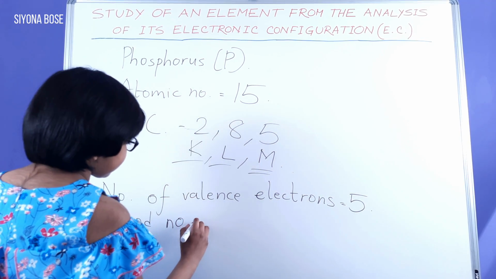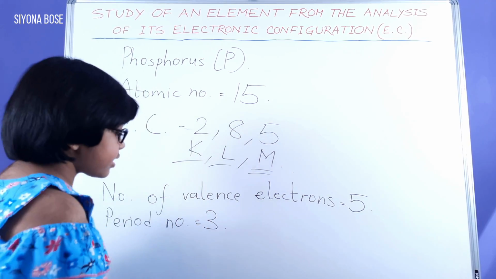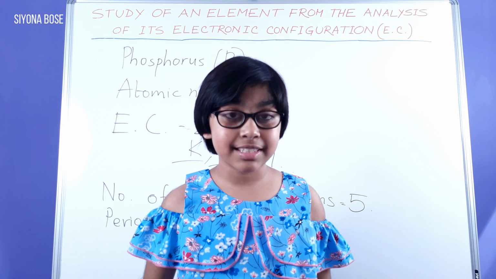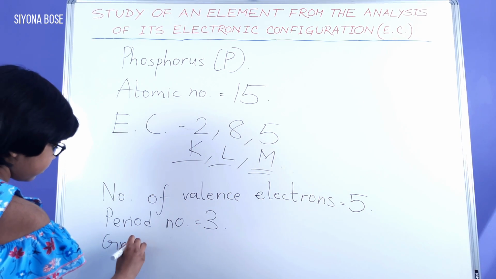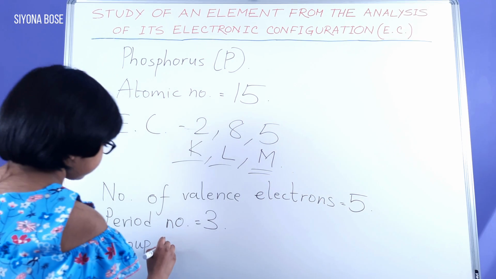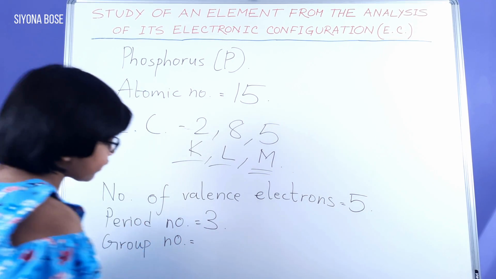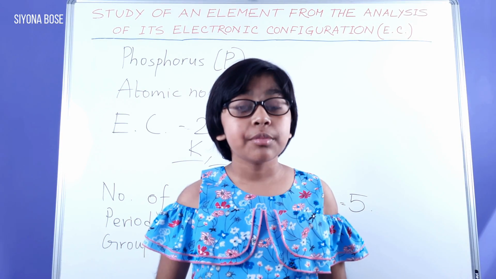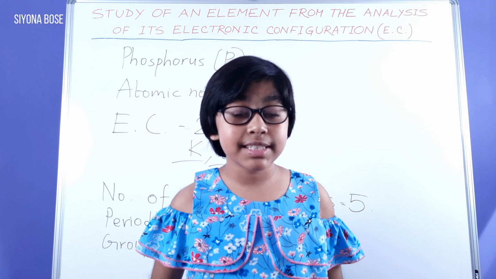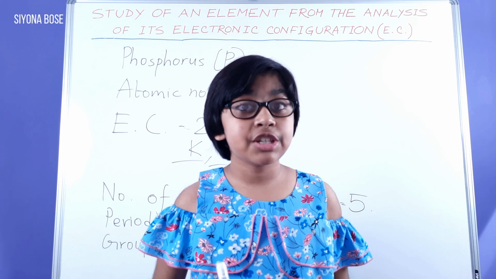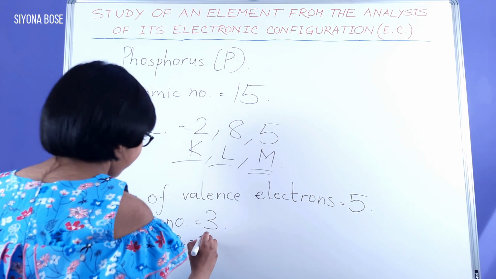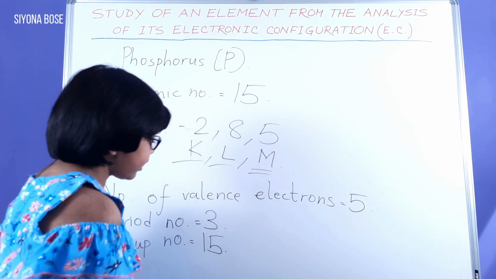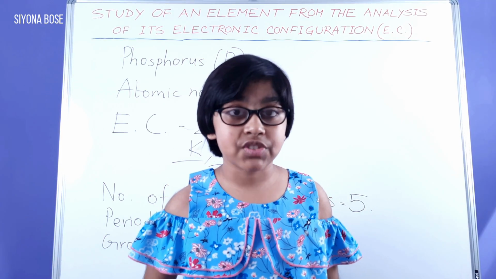Period number is 3, since there are 3 shells. Group number. Group number is 10 plus number of valence electrons. Recall the rule we used to get the group number for nitrogen. 10 plus 5 giving us 15 as the group number for phosphorus.